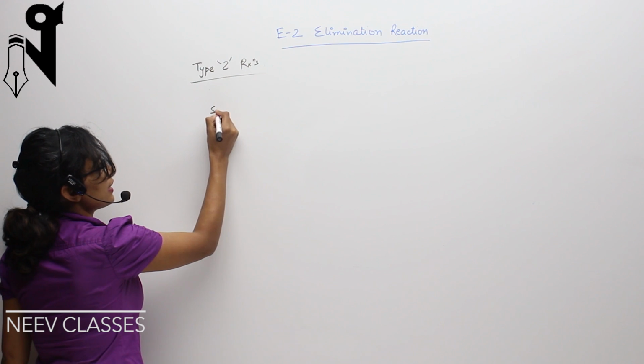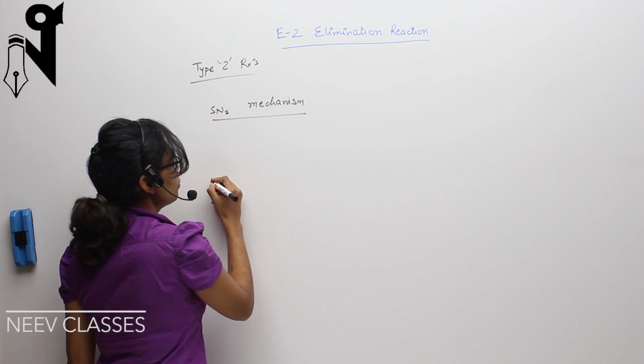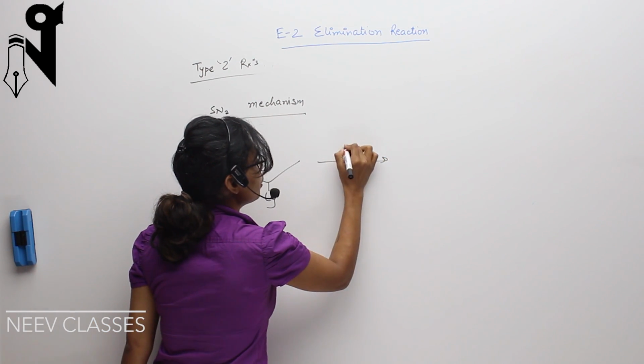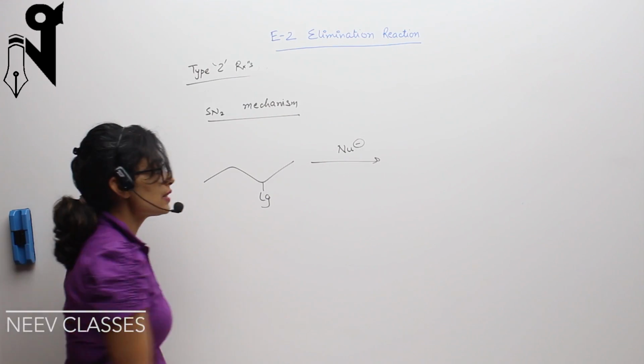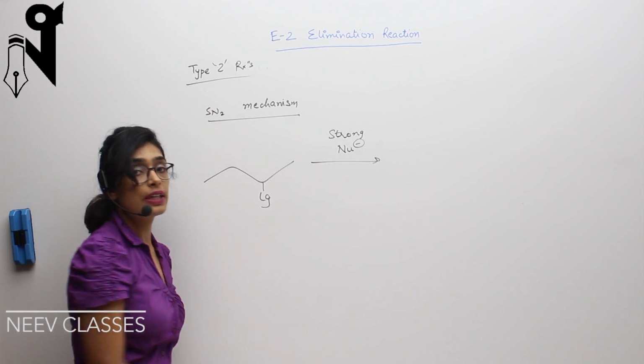So let's see the Sn2 mechanism. In the case of Sn2, we used to take a leaving group and a nucleophile. This is a very, very strong nucleophile. So this strong nucleophile will not wait for the leaving group to leave.